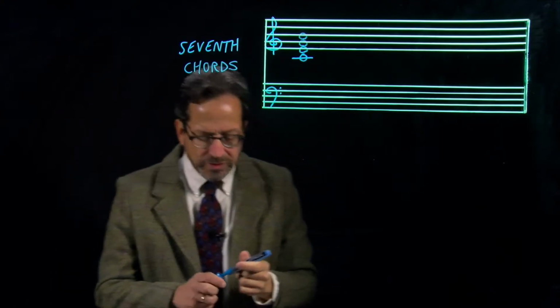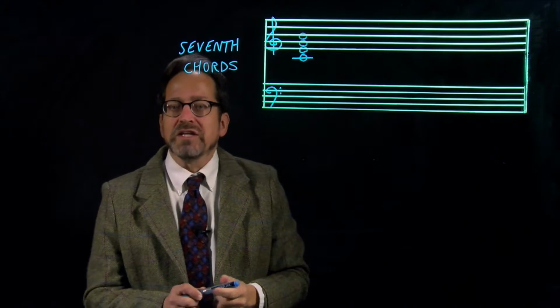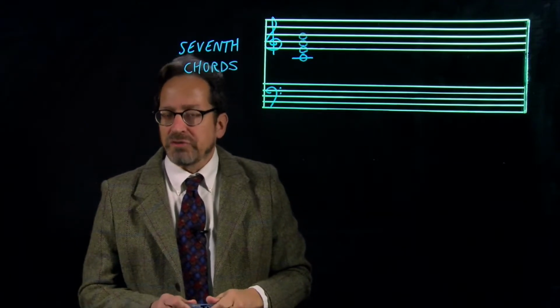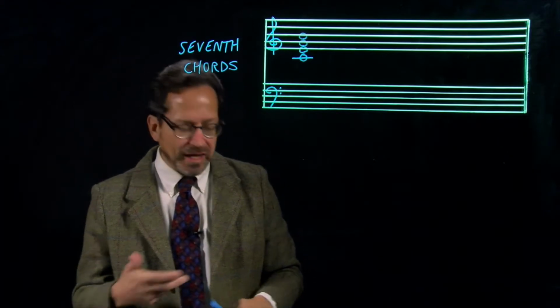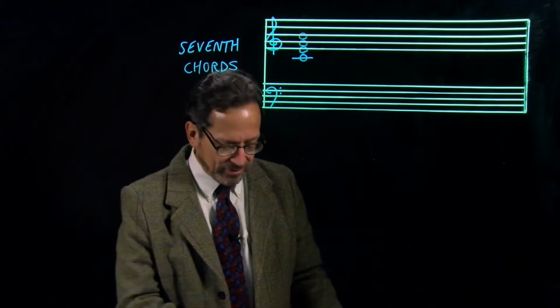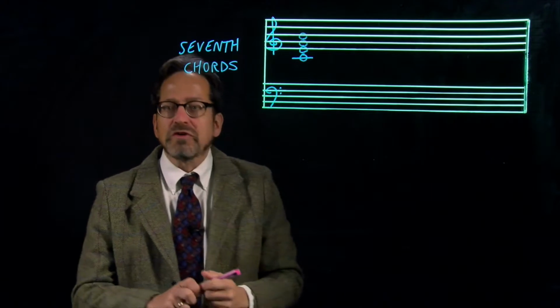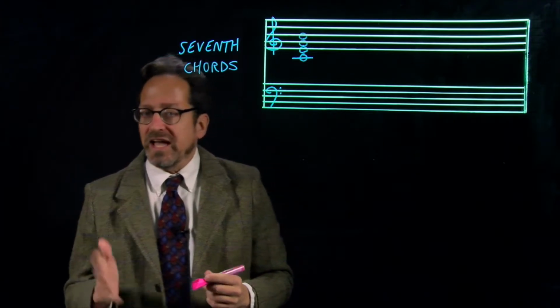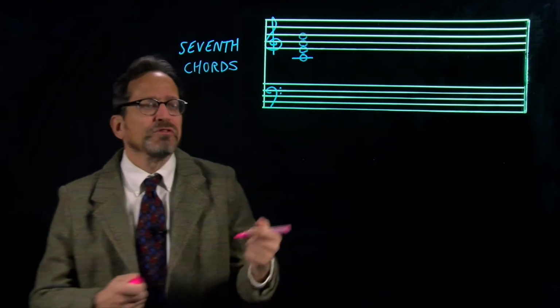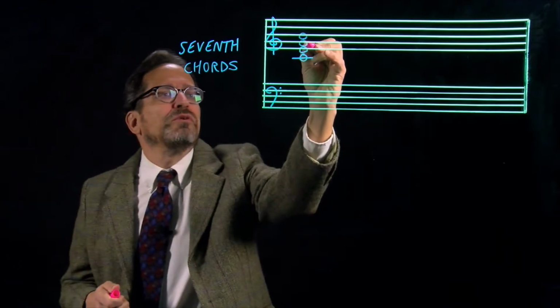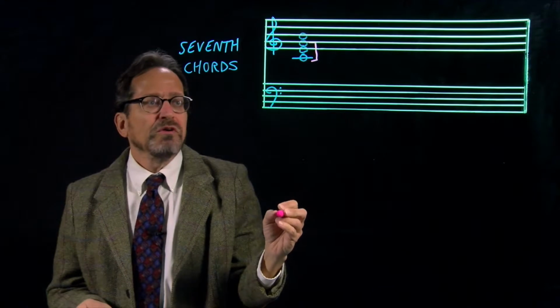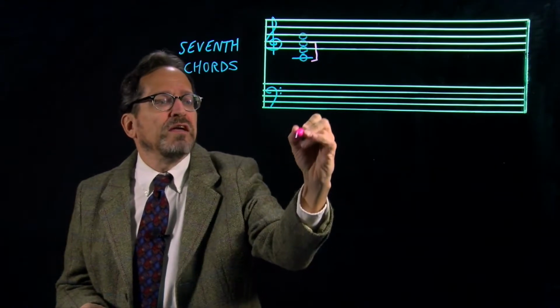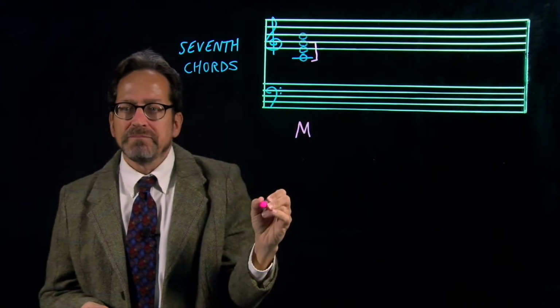And seventh chords also have different quality labels. When we were looking at triads, we considered major, minor, augmented, and diminished triads. With seventh chords, the quality has 2 labels. The first part has to do with the quality of the triad that we started with, which in this case is a major triad.